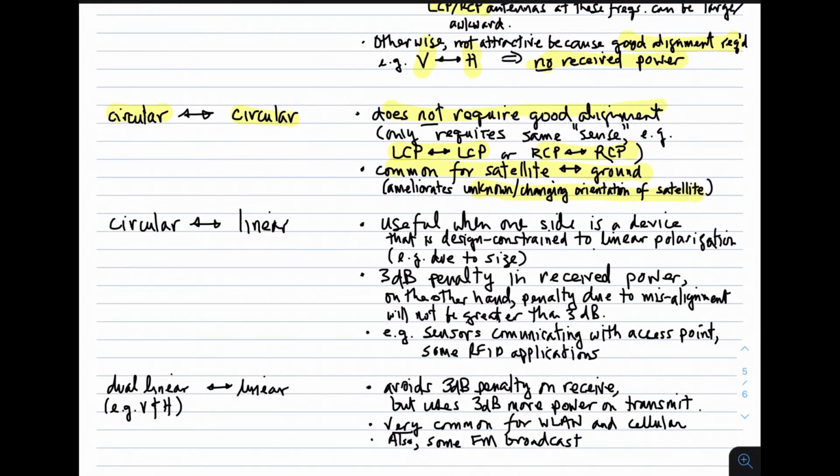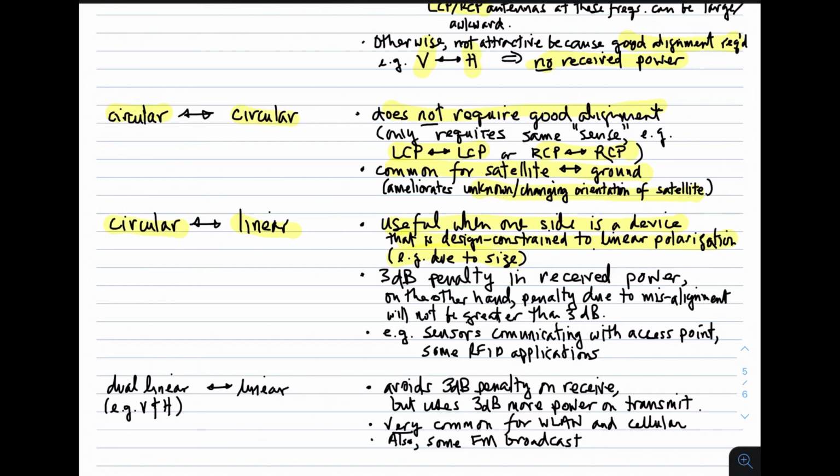Another choice might be circular to linear. This is useful when one side is a device that is design constrained to be linear polarization. So for example, perhaps you have a wireless sensor that needs to be super tiny, and the only way you can accomplish that is by having a linear antenna. Well, you don't know how that linear antenna is going to be oriented, so one way to deal with this is to have the other end of the link be circular.